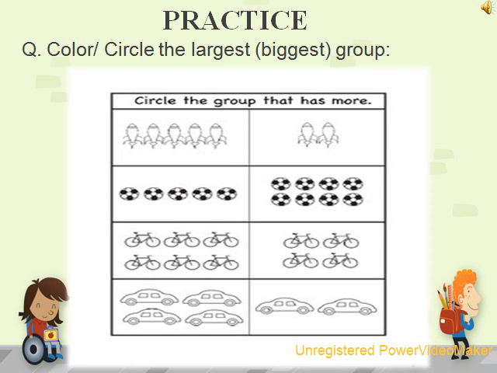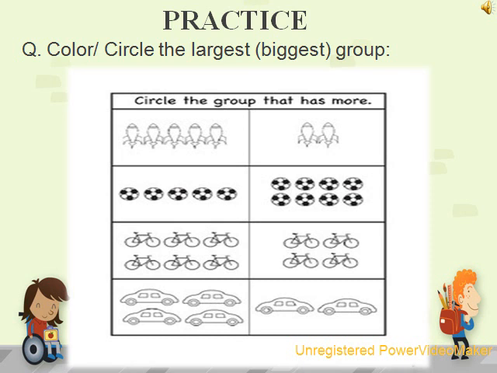In the right box, 1, 2. 2 aeroplanes are there. So which is the largest group? Yes, left hand side. So we will color the aeroplanes on left hand side.